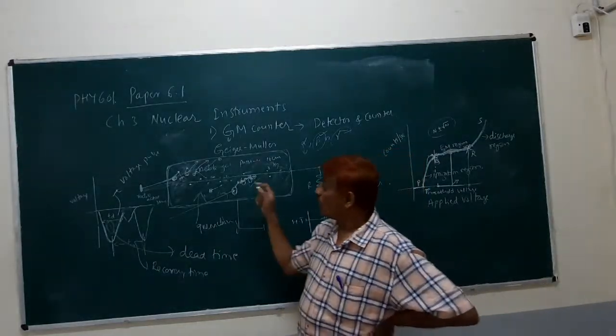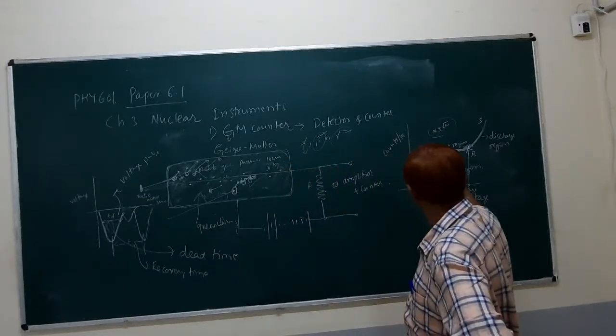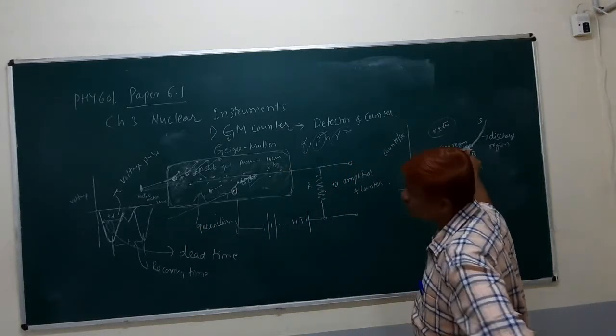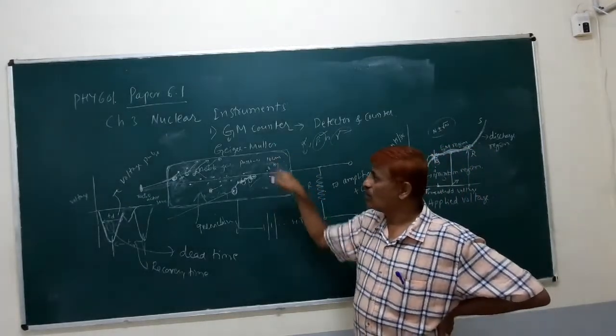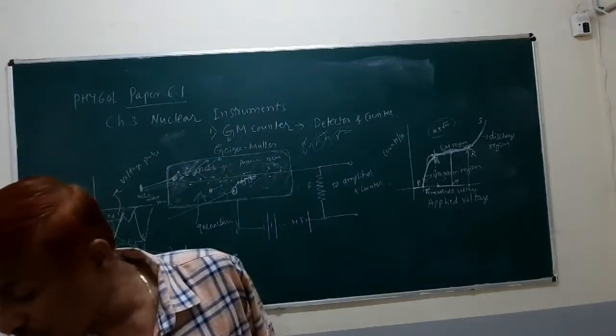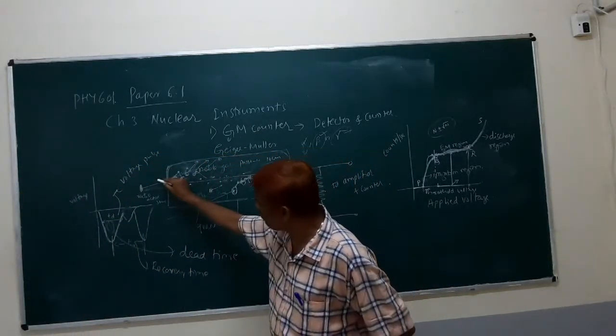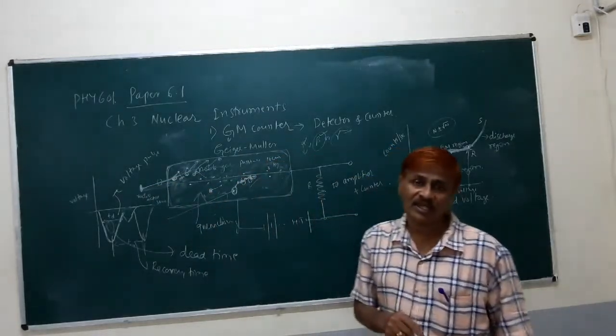Because you are working in the GM region, there is a disadvantage of a Geiger-Muller counter: you don't get any idea of the energy of the radiation entering it.